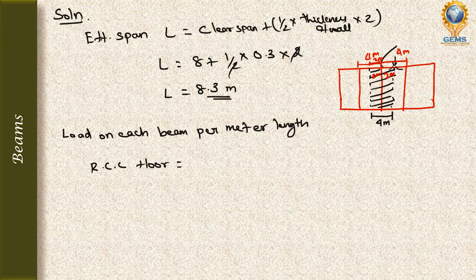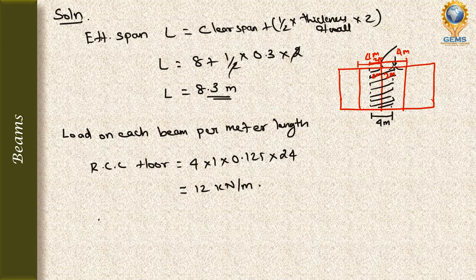The width is 4 meter into length 1 meter into thickness of the slab 0.125 into unit weight 24. That gives us 12 kilonewton per meter.